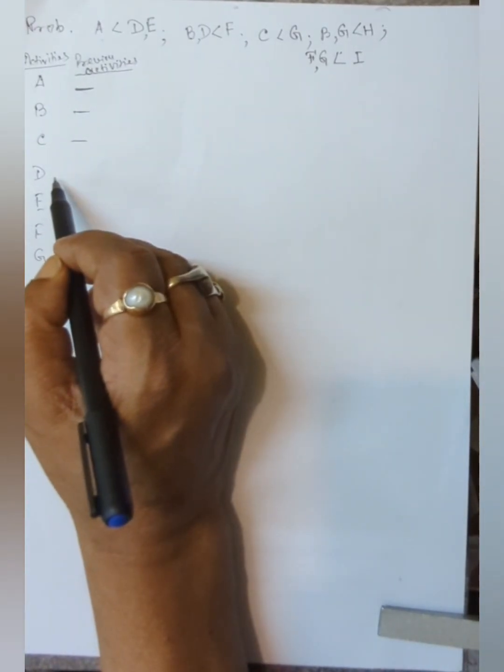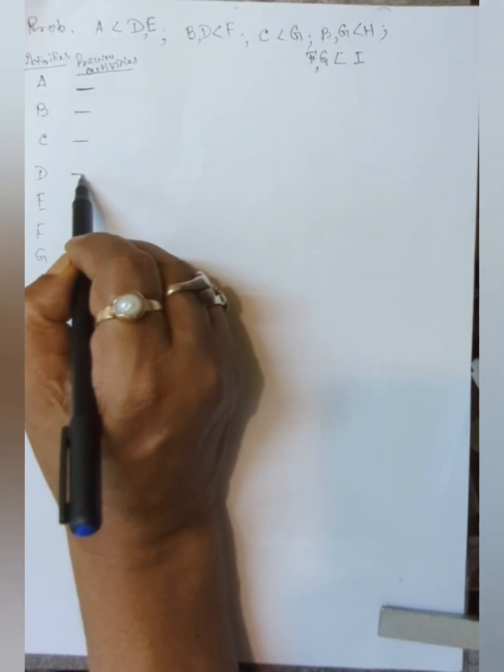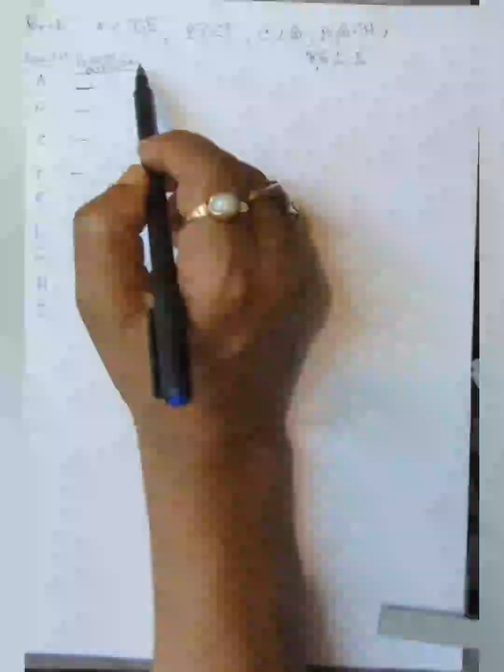For D, which activities do you have to complete to start D?